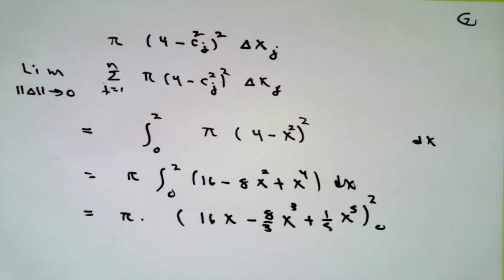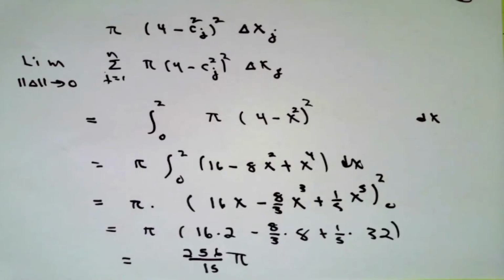The antiderivative is easy to get. When you evaluate it at 0, you just get 0, so basically I'm going to ignore that part. Only the part that goes with the x equal 2 contributes anything. After some arithmetic, that reduces down to 256 pi over 15.